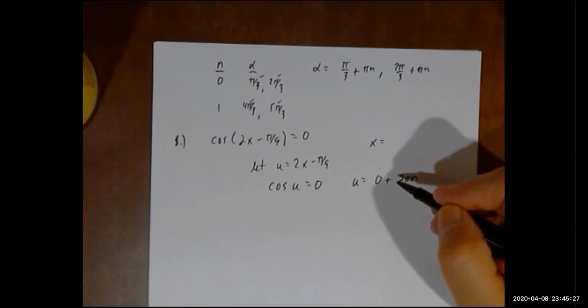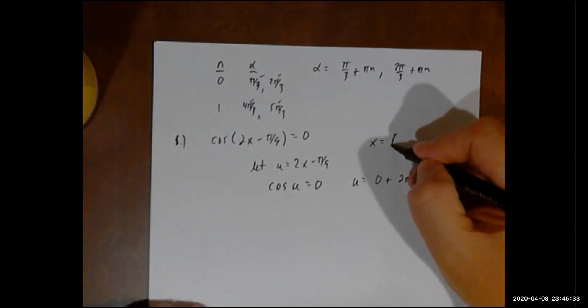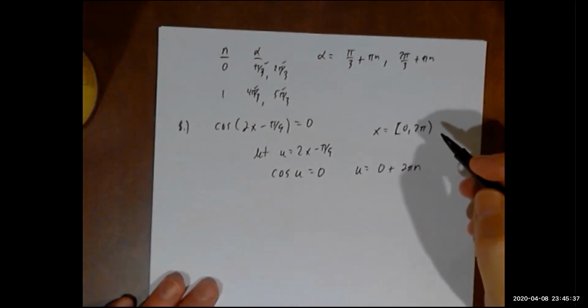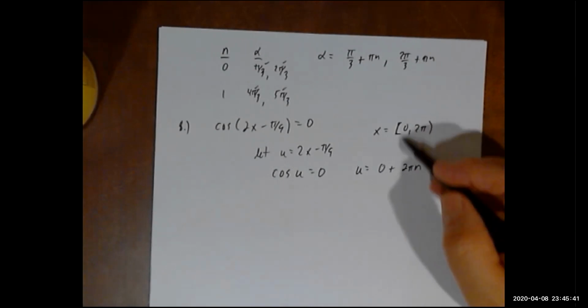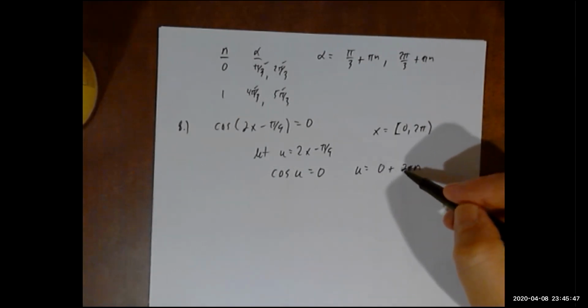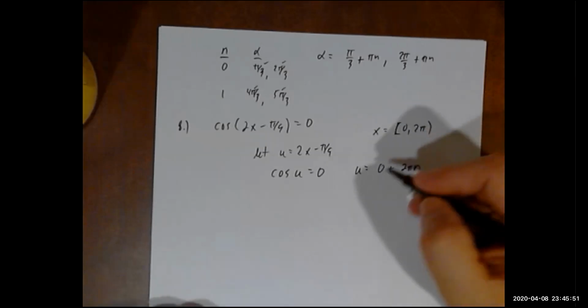And then eventually, when I start getting actual angles, I'll just get the ones between 0 and 2 pi. So what I said before wasn't quite true. It is true, my answers are going to be between 0 and 2 pi. But when I do the problem, I still have to include the 2 pi n for now. Although this is actually wrong.